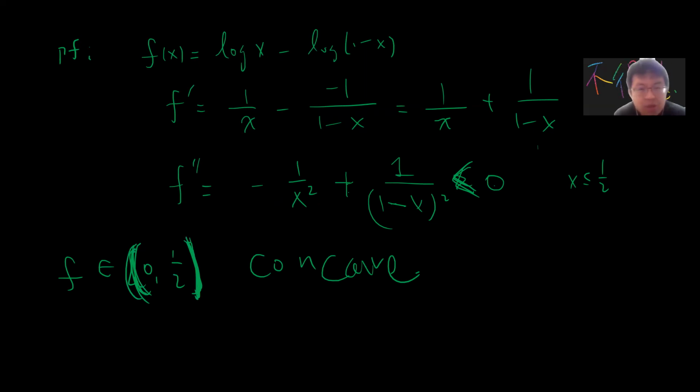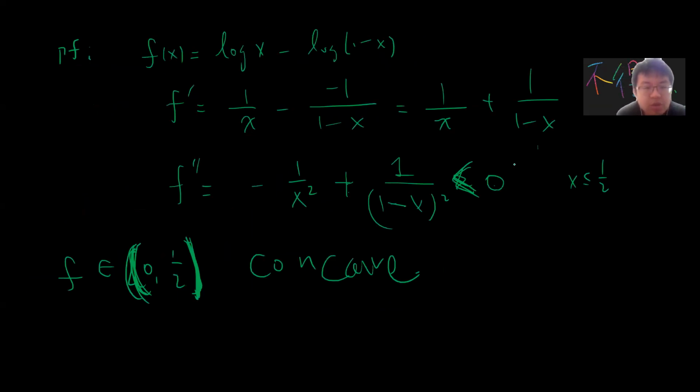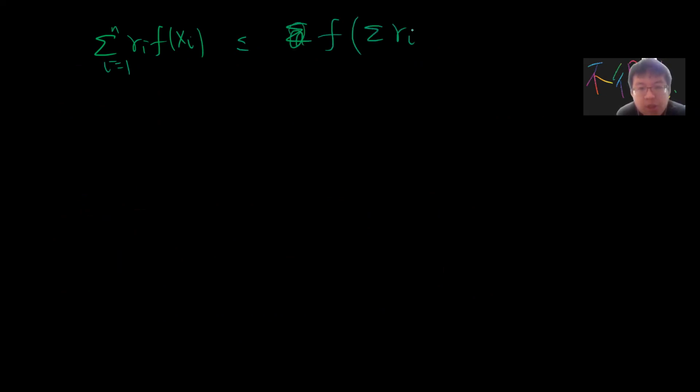Okay, so now everything is trivial, right? Because it's concave, so I can just use this inequality. Okay, so I get my summation gamma i f of x i, i from 1 to n, is less or equal to f of summation gamma i x i.